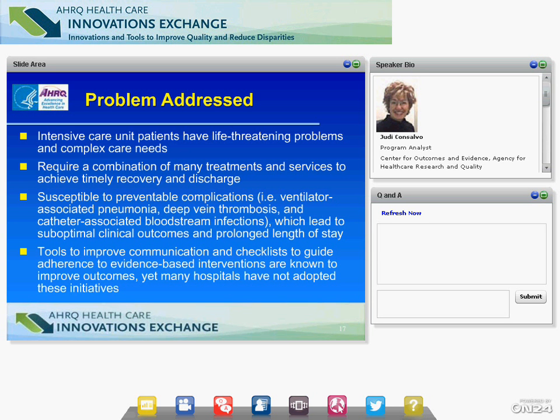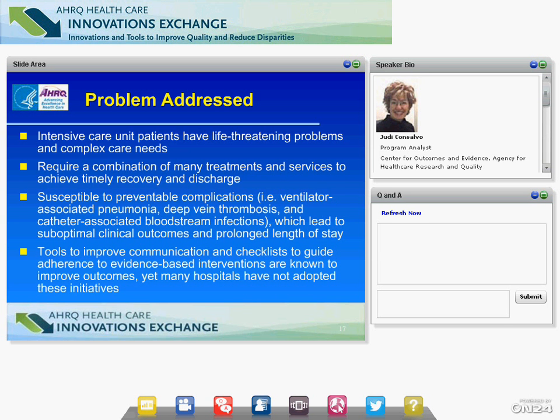So in this case, the intensive care unit patients have life-threatening problems and complex care needs. Another part of the problem is that they require a combination of many treatments and services to achieve timely recovery and discharge. They're susceptible to preventable complications, and you see the list there.